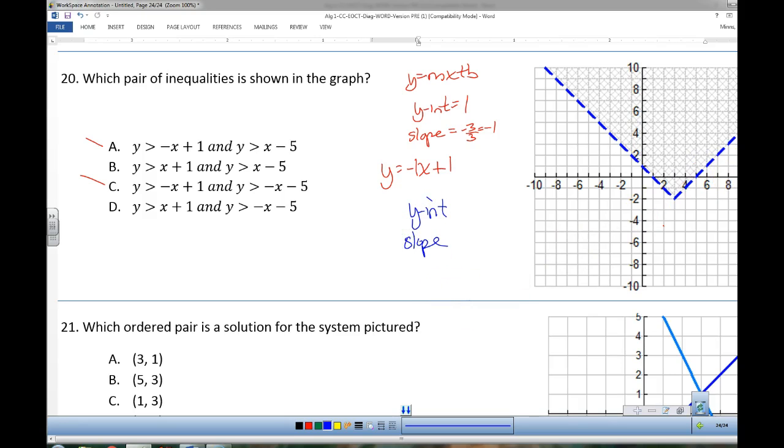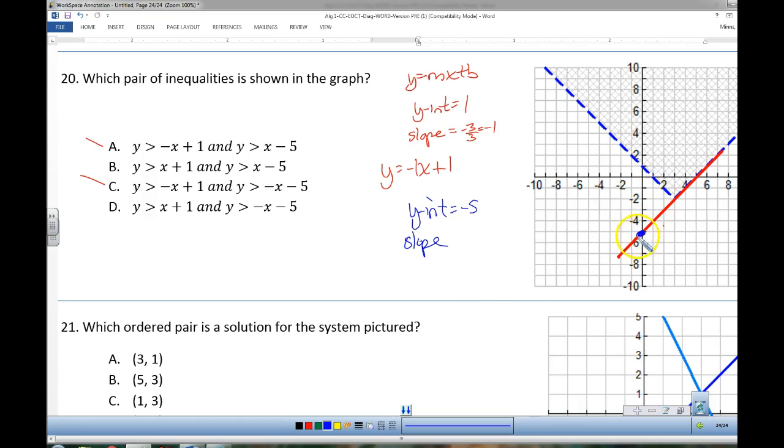Well, it doesn't touch the y-axis. Well, we don't see it touching the y-axis. But if I draw my line, if I just continue this line straight, where will it hit the y-axis? Right there. It will hit the y-axis at -5. So the y-intercept is -5.